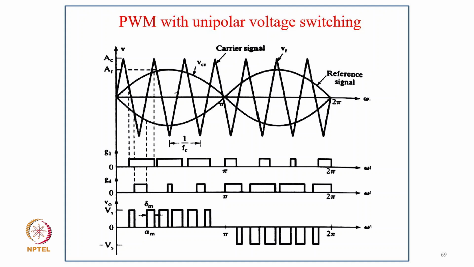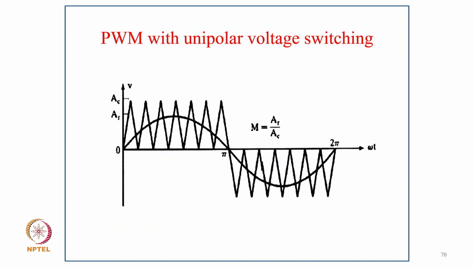You can clearly see the number of pulses in one half cycle is double the pulses of the gating signal, and that's why this kind of switching is also called double PWM. It certainly has the advantage that, because of increased ripple frequency, your filter requirement reduces.